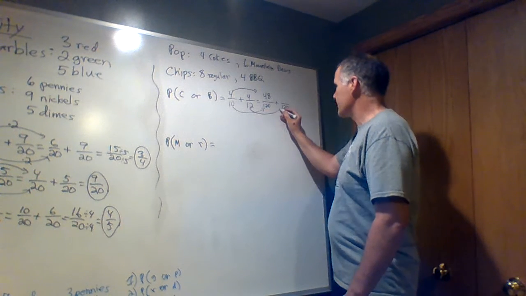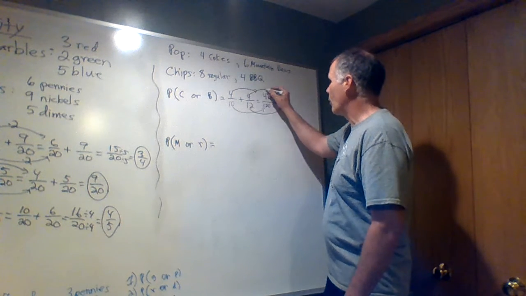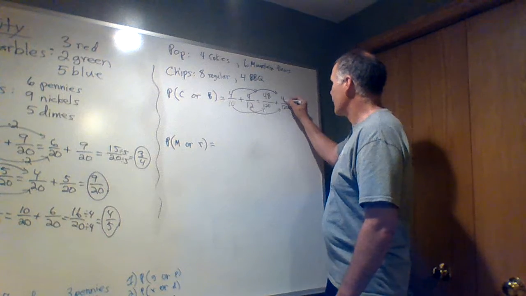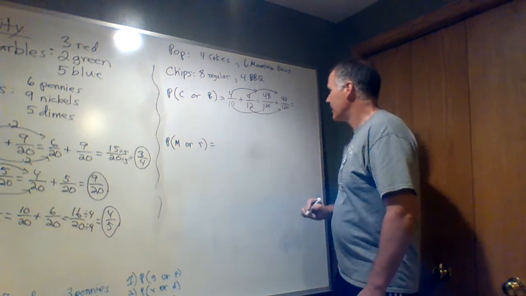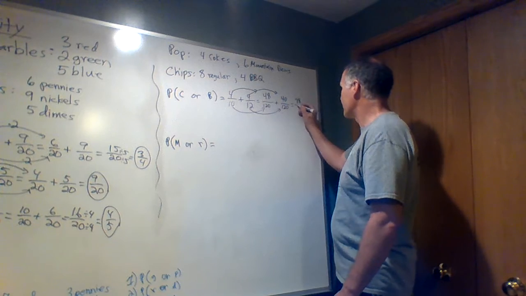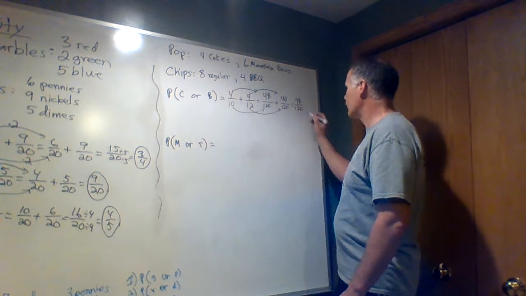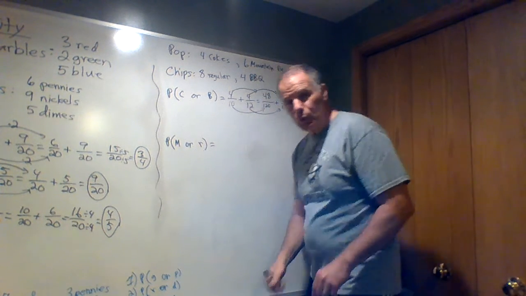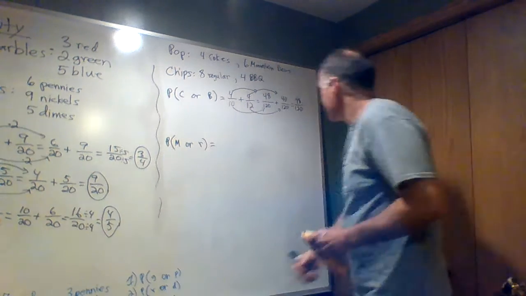Okay, 12 goes up to 120 times 10, so 4 times 10, 40. Okay, 48 and 40 makes 98 over 120. Ooh, interesting. This is a challenging one.